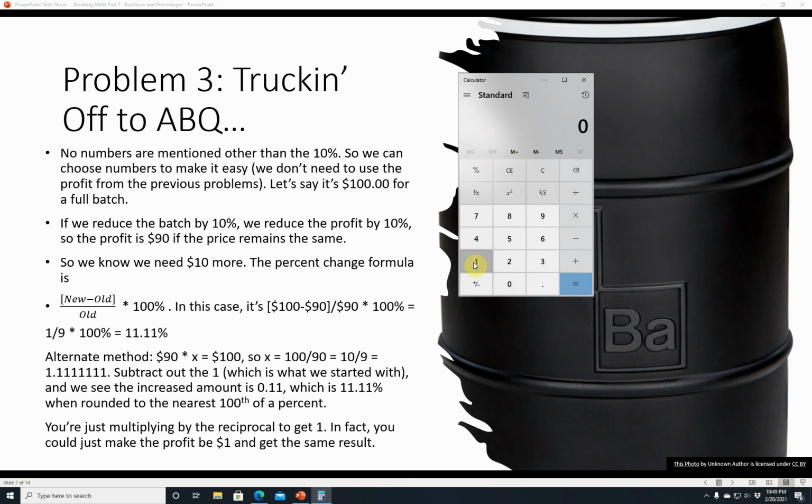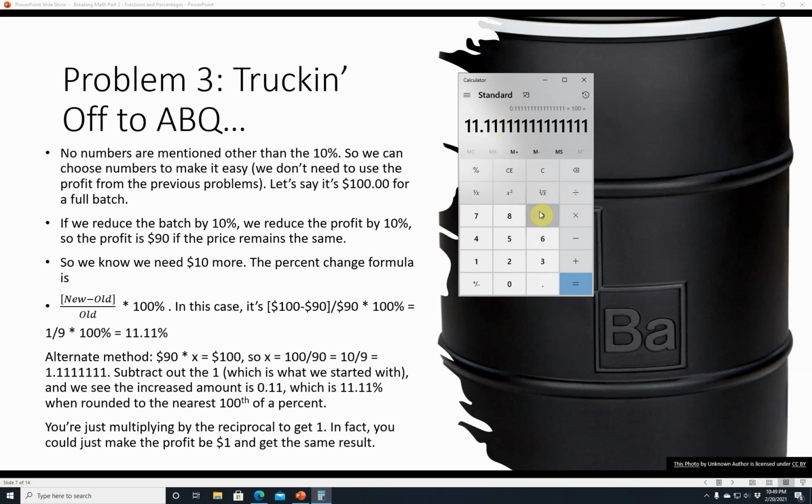Okay, so it's just going to be 100 over 90 minus 1. Okay, times 100%. So again, 11.11111. And when we round it to the nearest hundredth of a percent, it's still going to be 11.11 because this is 1, so you round down.